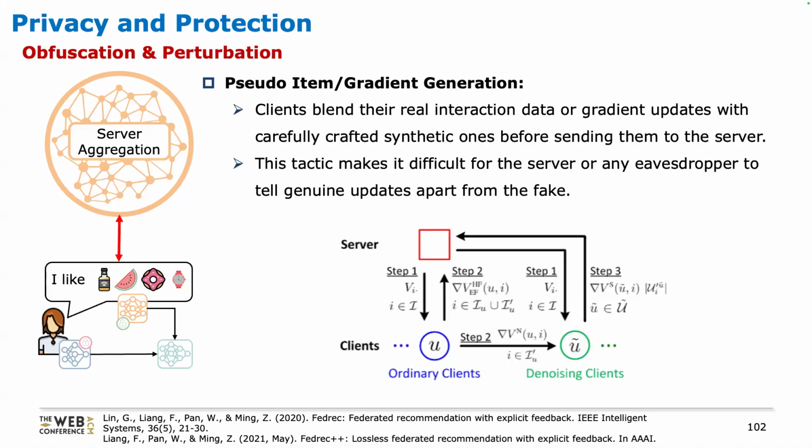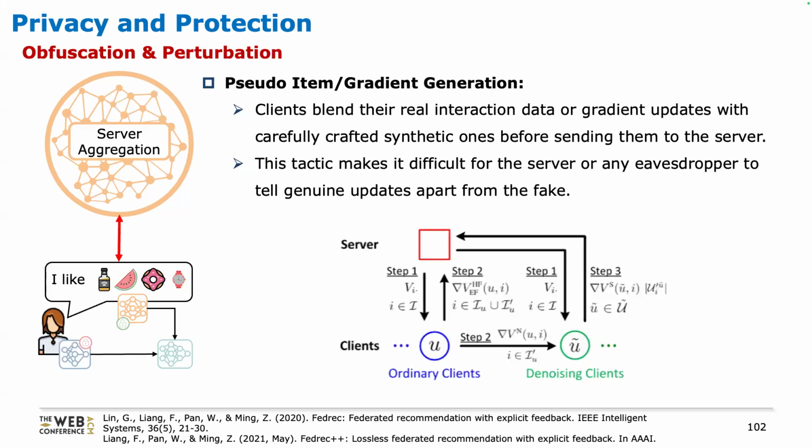The server just sees a combined batch and can't tell which part is genuine. For example, Federated and Federated++ both use this tactic to hide true user feedback among decoys. So even if someone inspects the updates, they can't confidently pick out the real ratings or gradients.